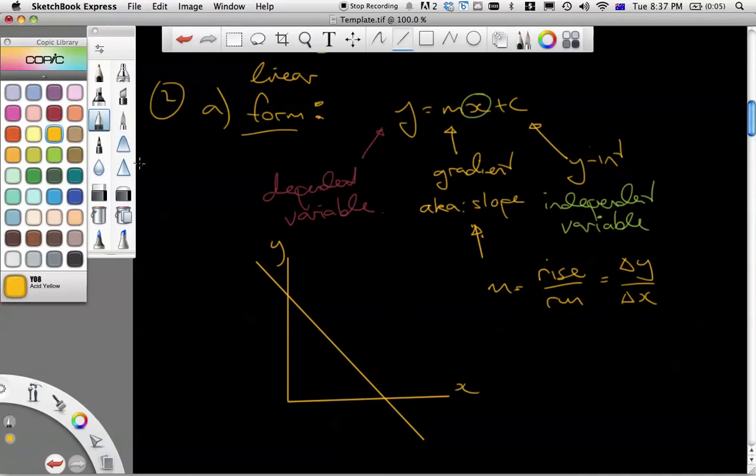So let's consider a portion of this graph. Actually, I'm going to do that line in a different color. Alright? So here we've got change in y over our change in x.